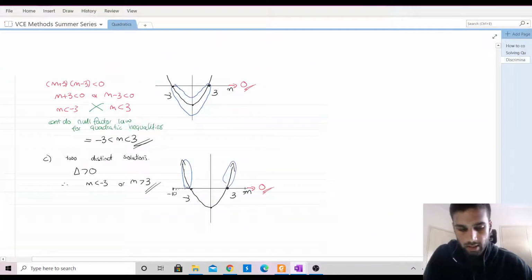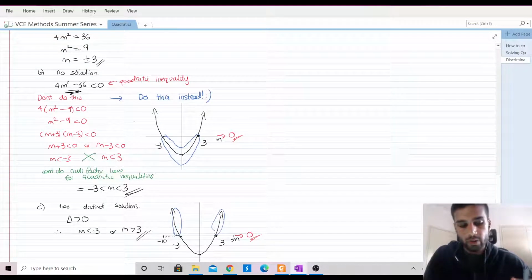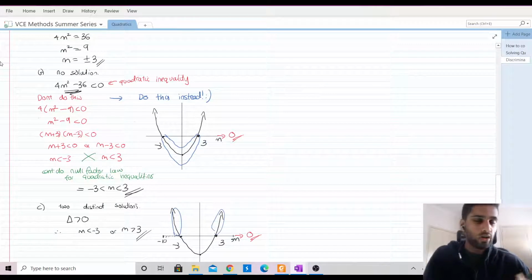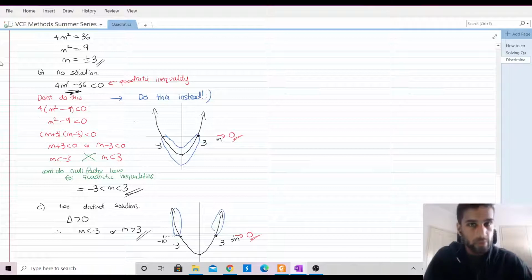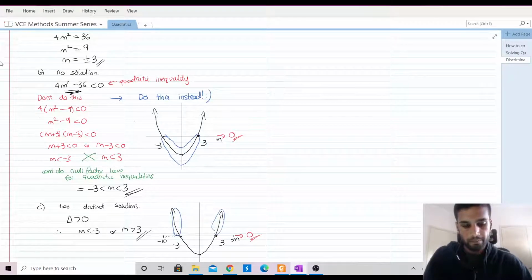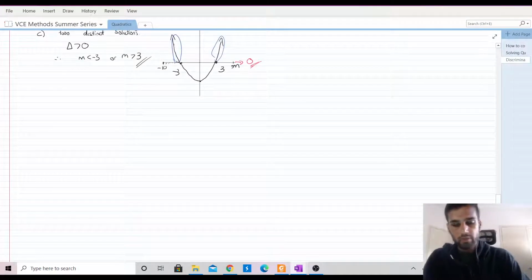And that's how we answer a quadratic inequality discriminant question. So in this question, we couldn't have solved this without using the discriminant. We'll do one more example to finish off.